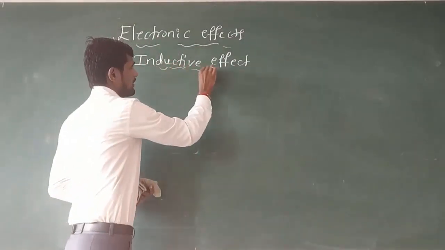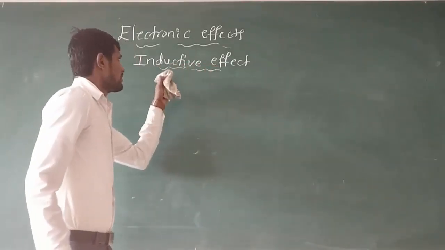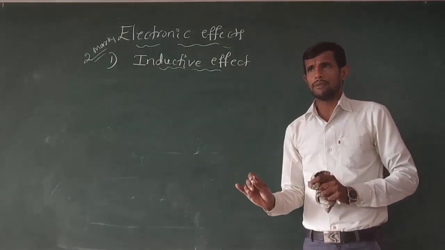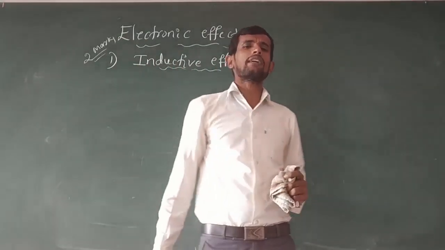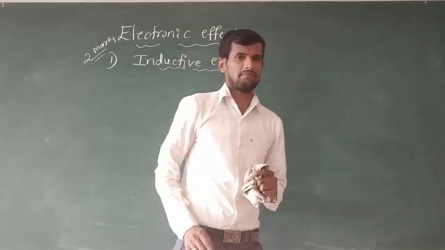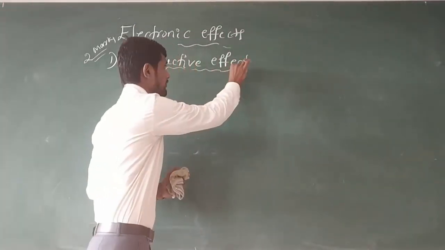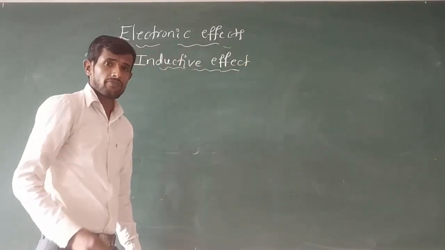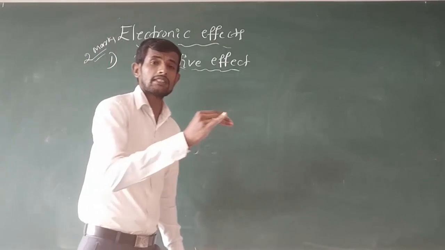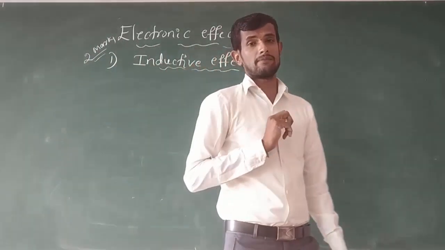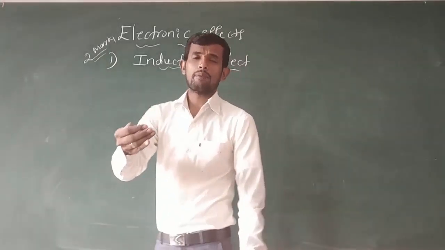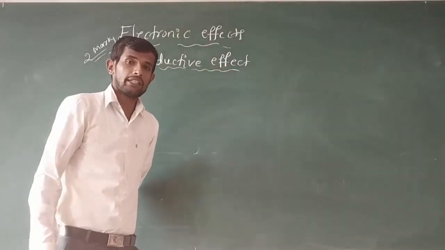Inductive effect: the permanent polarity produced in a molecule due to the displacement of electrons takes place towards the more electronegative atom. Yes, this inductive effect says the displacement of electrons takes place towards the more electronegative atom. At the time, the permanent polarity is produced in a molecule.